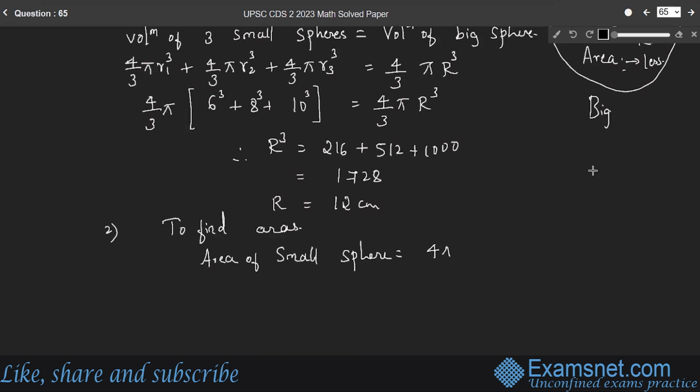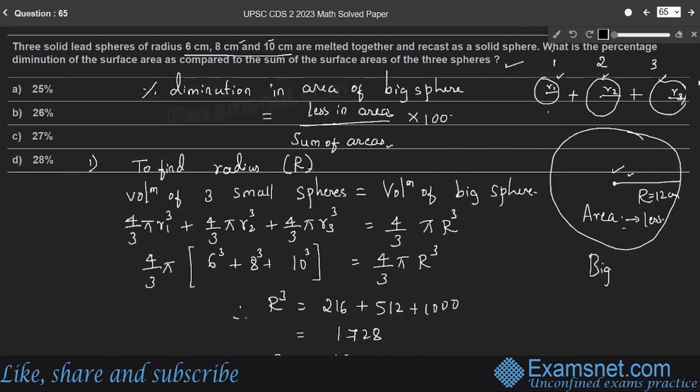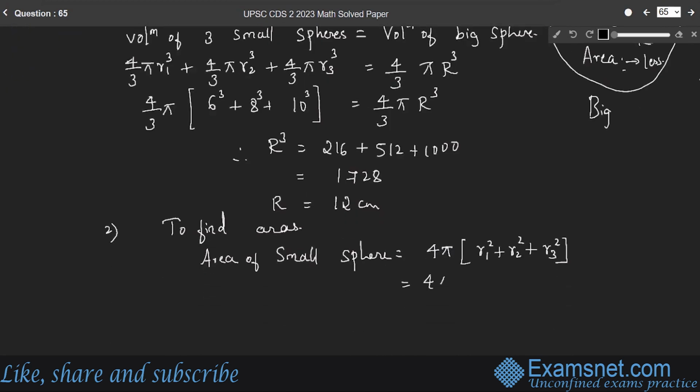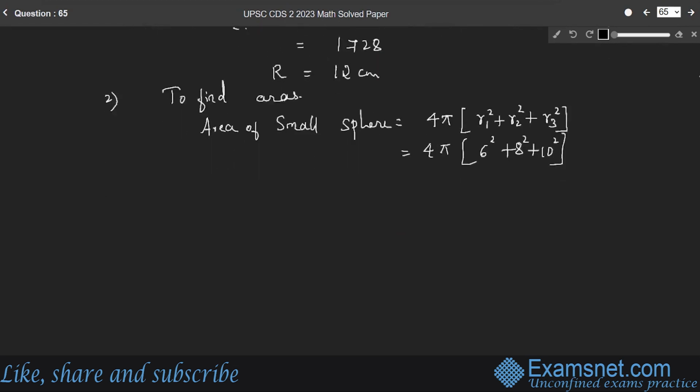So the area of the small spheres is 4 pi into r1 square plus r2 square plus r3 square, where r1, r2, r3 are 6, 8 and 10. So 4 pi into 6 square plus 8 square plus 10 square. 6 square is 36, 8 square is 64, 10 square is 100. So 36 plus 64 plus 100 is 200, into 4 is 800, into pi is the area of the small spheres, in centimeter square.